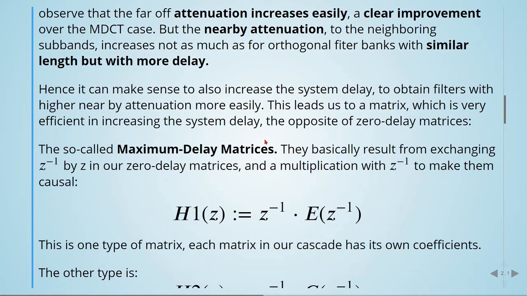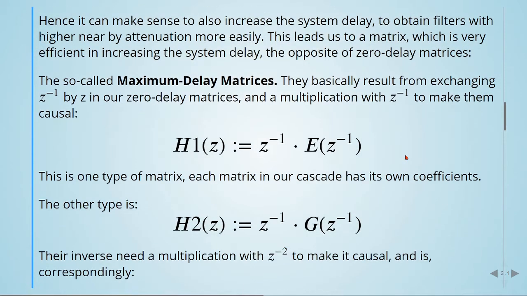Hence, it can make sense to also increase the system delay to obtain filters with higher nearby attenuation more easily. This leads us to a matrix which is very efficient in increasing the system delay, the opposite of zero delay matrices. The so-called maximum delay matrices.